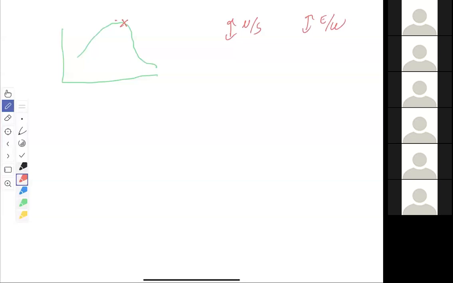So we could talk about the fact that a location has an X and a Y component. So we have a vector with an X and a Y. We can talk about the height of our location.